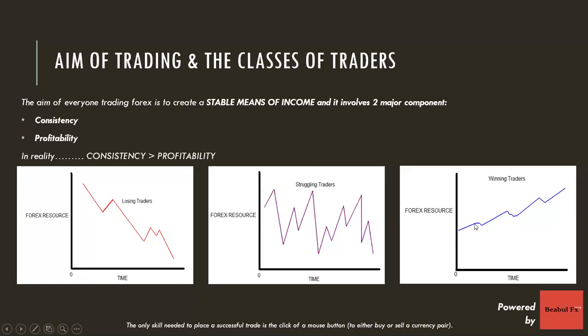So they gradually make profit, and when they make losses, they make sure their losses are short while they make their profit run. So they also make losses as well. But the difference between winning traders and losing traders is, for losing traders, the losses are bigger in terms of value than the profits, while for winning traders, the profits are bigger in terms of value than the losses.